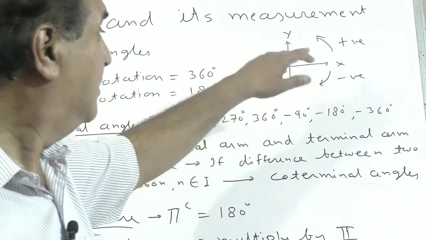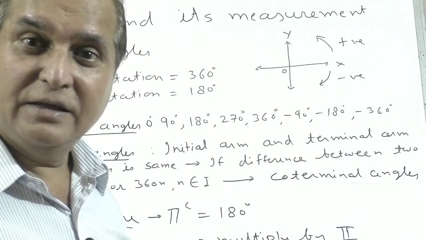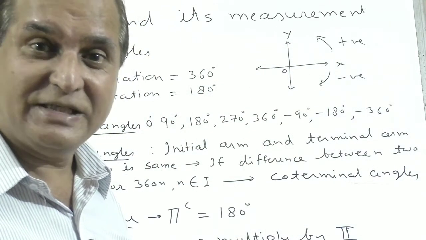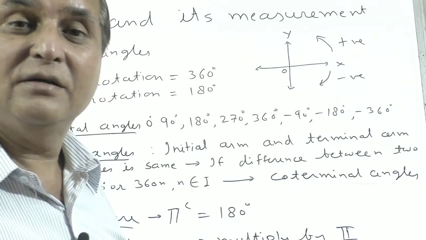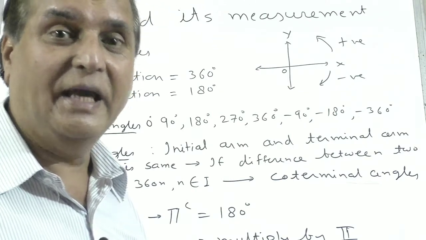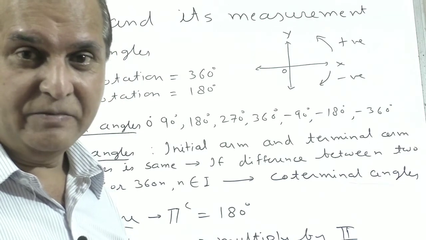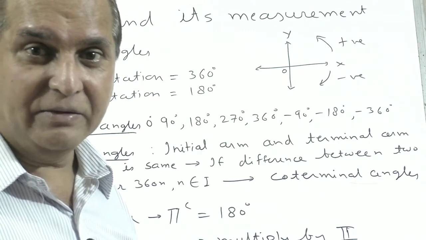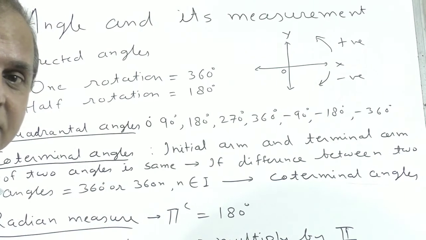So here, 30 degree and 390 degree: the initial arm and terminal arm coincide. So such angles are called co-terminal angles. Or the difference between them is 0 or a multiple of 360. Such angles are called co-terminal angles.